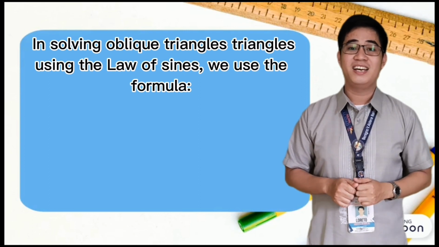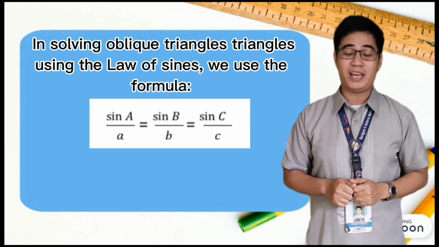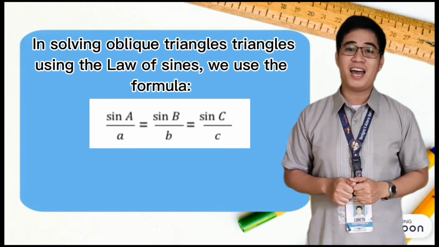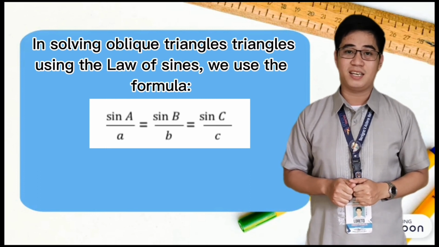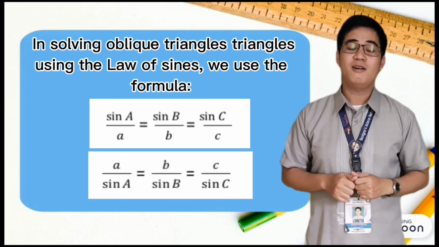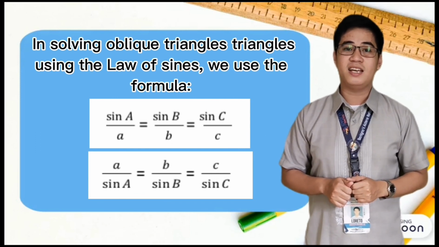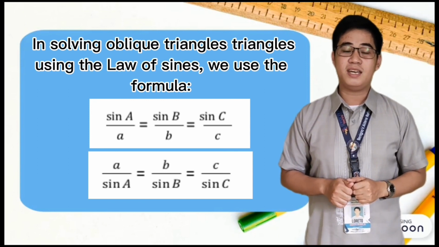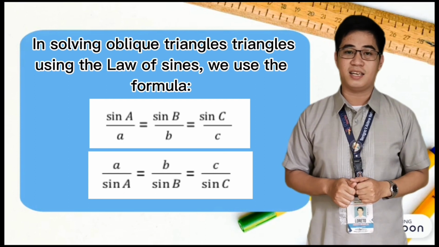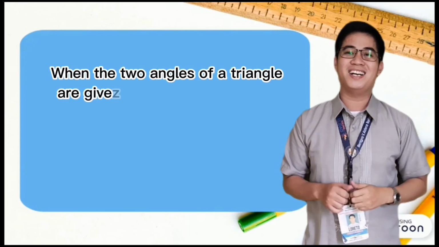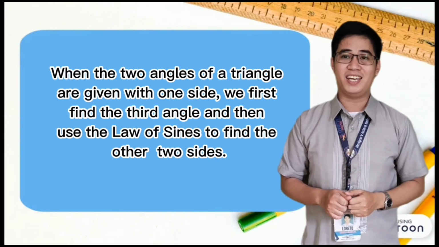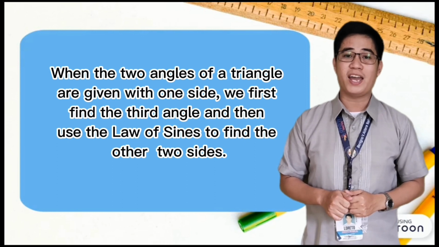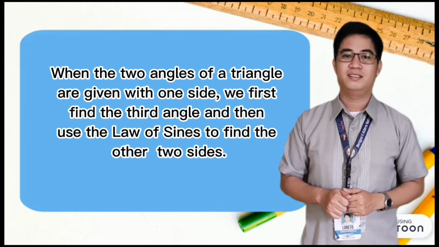We use the formula sine angle A over A is equal to sine angle B over B is equal to sine angle C over C. Or we have A over sine angle A is equal to B over sine angle B is equal to C over sine angle C. When two angles of a triangle are given with one side, we first find the third angle and then use the law of sines to find the other two sides.